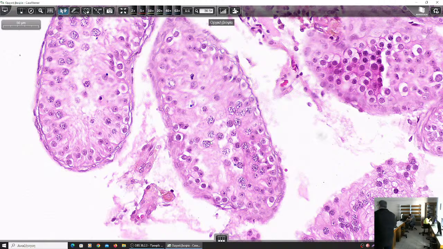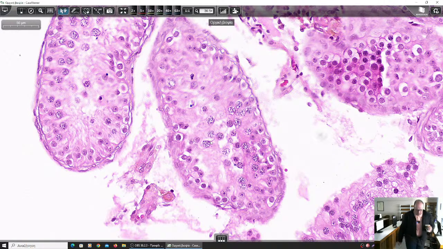Most often they coexist in various percentages. So what do we have to do? We count all the seminiferous tubules and we say in 10% we can see active spermatogenesis, in 5% hypospermatogenesis, and so on. This is our everyday handling of such specimens.